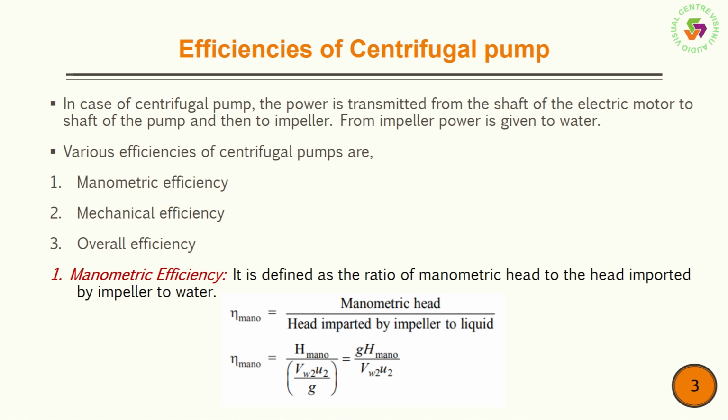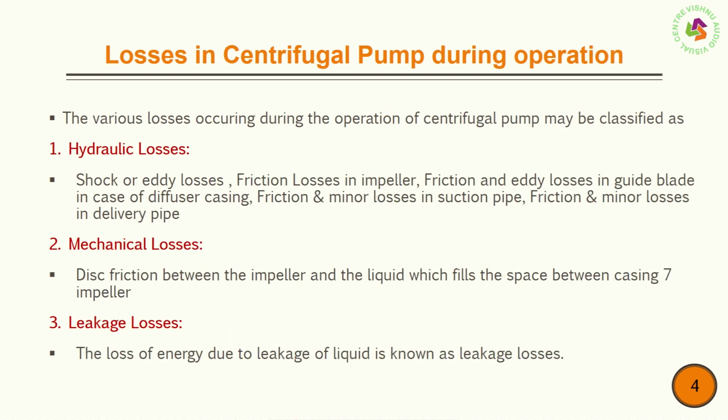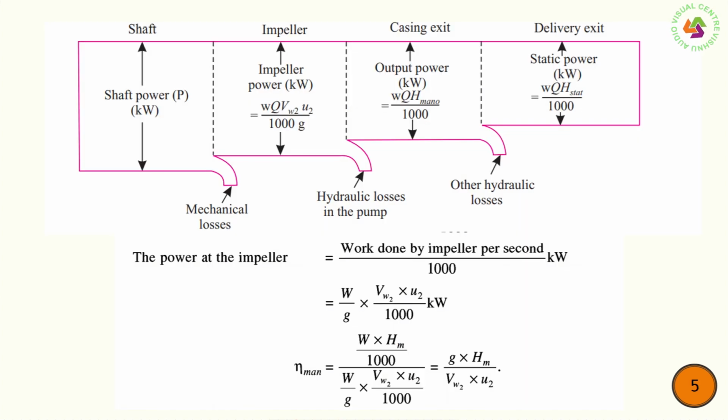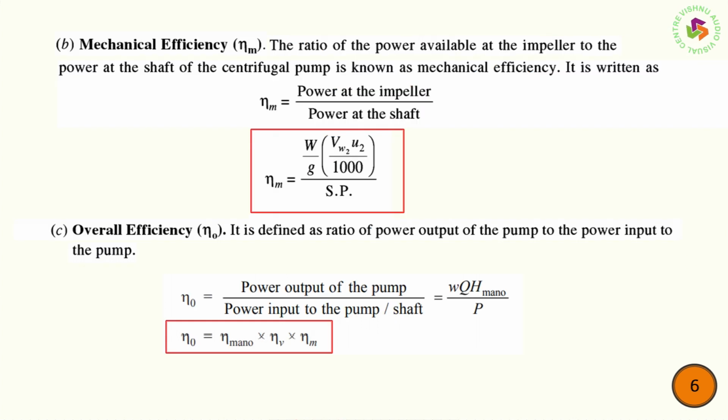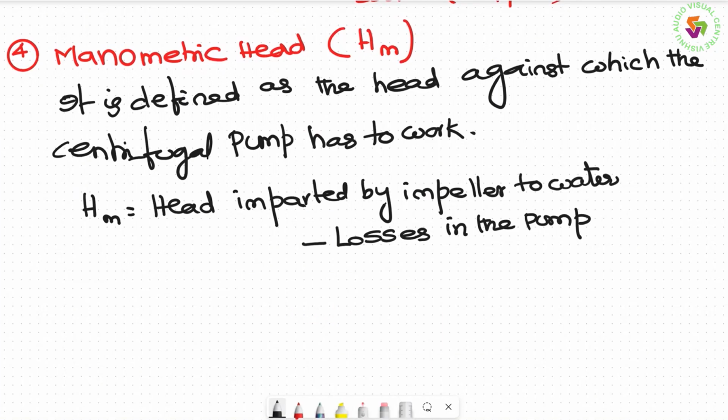This is not something existing in the field. It is related to the power imparted by the impeller to water minus whatever losses take place in the pump. So how do we select it? What is the head imparted by the impeller to water? Last class we already derived the equation.